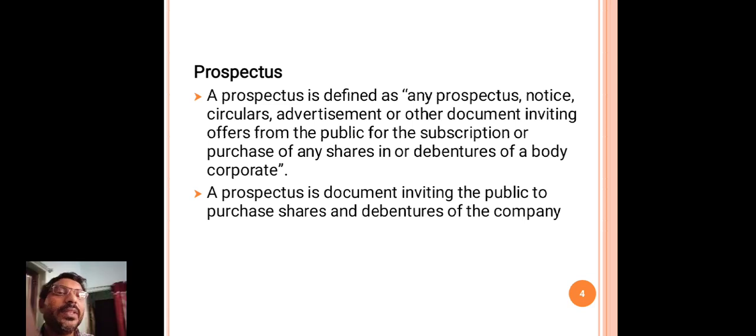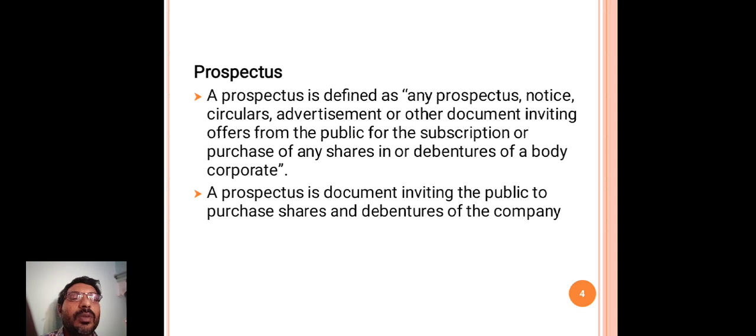A prospectus is defined as any prospectus, notice, circular, advertisement or other document inviting offers from the public for the subscription or purchase of any shares in or debentures of a body corporate.